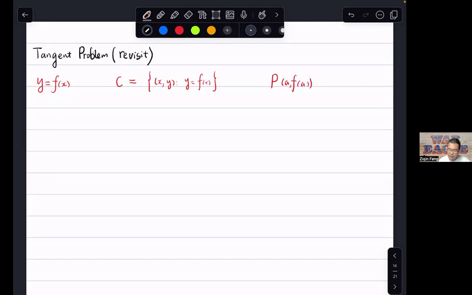If you try to visualize it, what you have here is this xy plane, and you sketch a curve, which is the graph of this function. This is our C here, which is also called y equal to f of x.